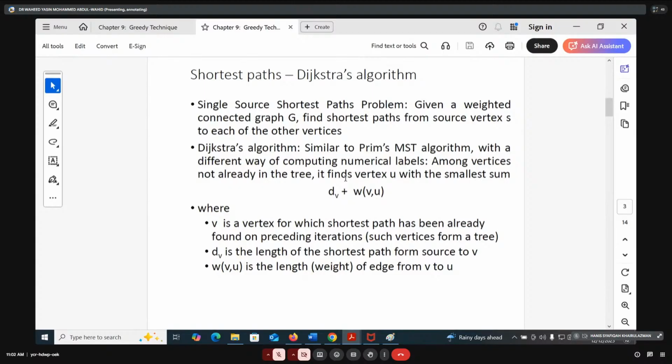It finds vertex u with the smallest sum dv plus wvu, where v is a vertex for which the shortest path has already been found on preceding iterations, such as vertices in the tree. dv is the length of the shortest path from source to v. wvu is the weight of the edge from v to u.